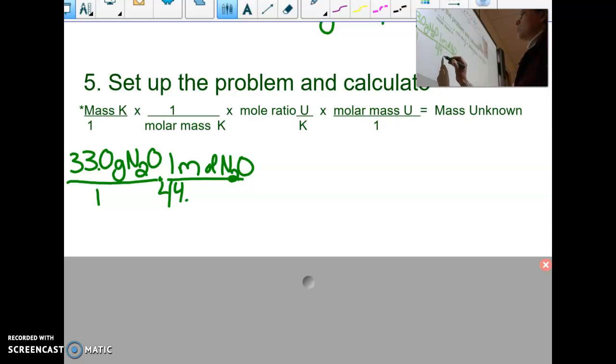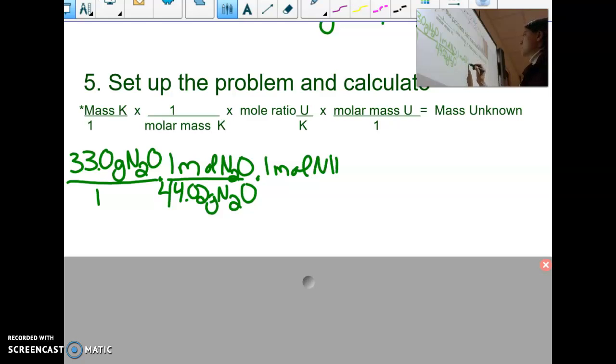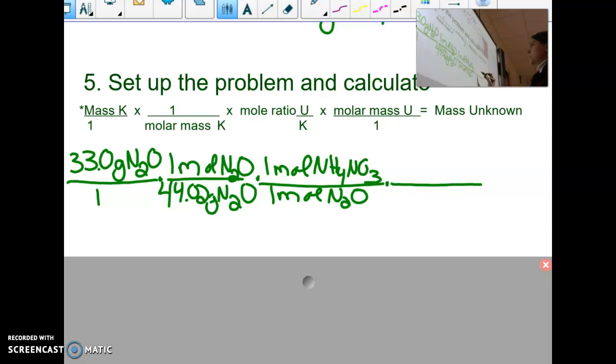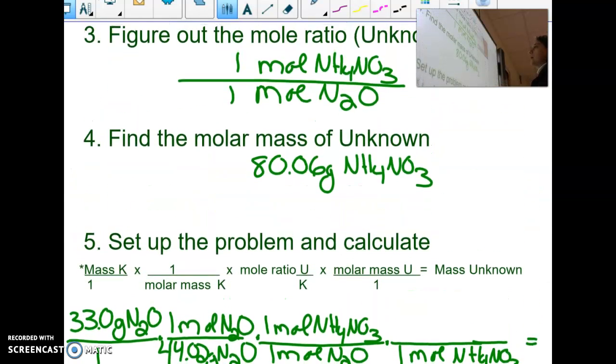That into a 4. 44.02 grams dinitrogen oxide times my mole ratio, which I remember was 1 mole ammonium nitrate over 1 mole dinitrogen oxide times my molar mass of my unknown, which is going to be ammonium nitrate. So that's over 1 mole ammonium nitrate. And the molar mass is going to be 80.06.